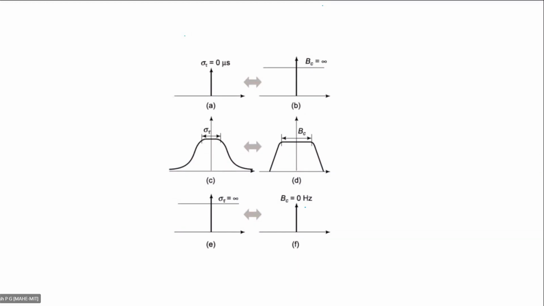Now we will see some diagrams of delay spread and coherence bandwidth. The first diagram is in the time domain. Delay spread is something that we calculate in the time domain, and coherence bandwidth is something that we calculate in the frequency domain.